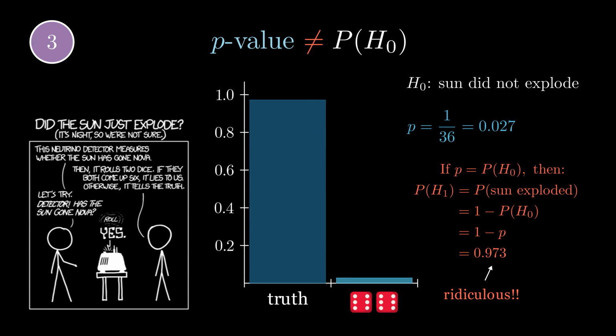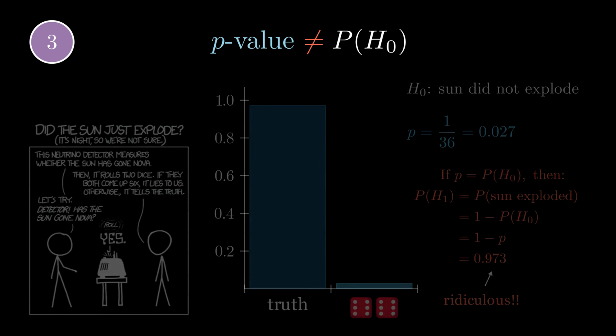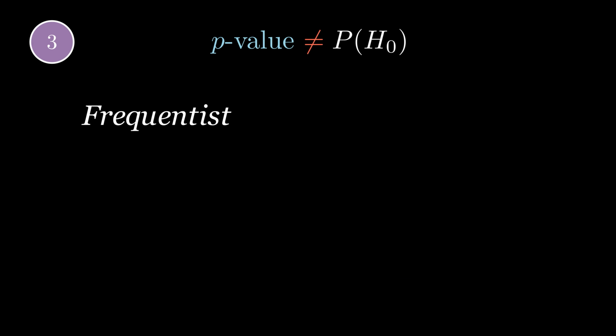You might wonder if it's actually possible to calculate this other probability, the probability that the null hypothesis is true. And it turns out to depend on how we actually think about what it is that probability is measuring. So far, we've been using the frequentist philosophy, where, very roughly speaking, probability measures the frequency of some event occurring in a large number of random trials.